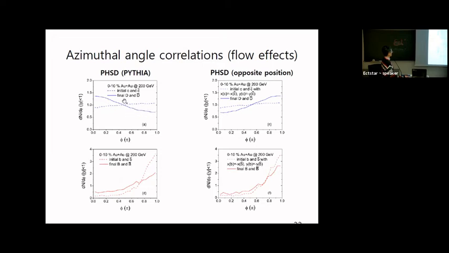The solid line is the correlation of final D meson and anti-D meson. And we can see the correlation is enhanced in the same direction and suppressed in the opposite direction. And we can see the same change for bottom. This is the bottom correlation.